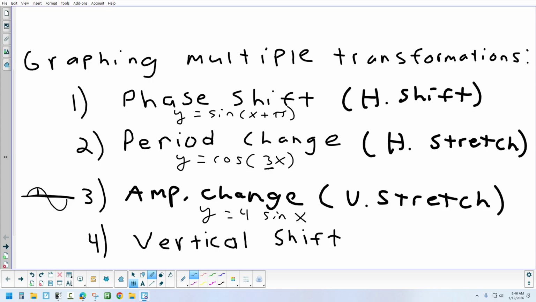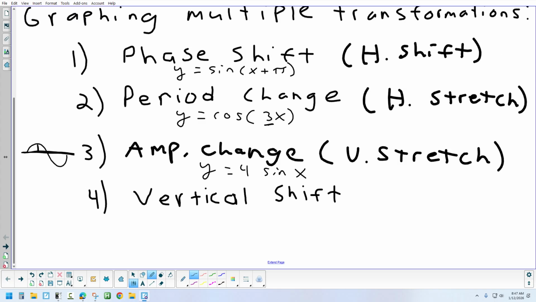And last one, vertical shift. We said shifting earlier is adding or subtracting. Where would the addition or subtraction be if it's a vertical shift? On the outside. I'm just using sine and cosine interchangeably because it works exactly the same for both.